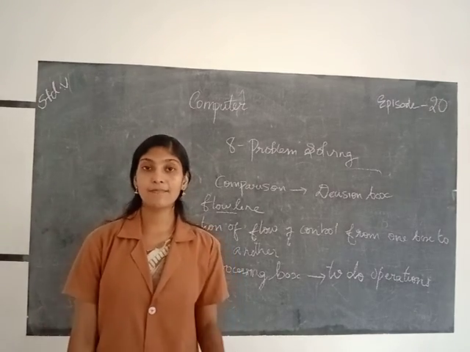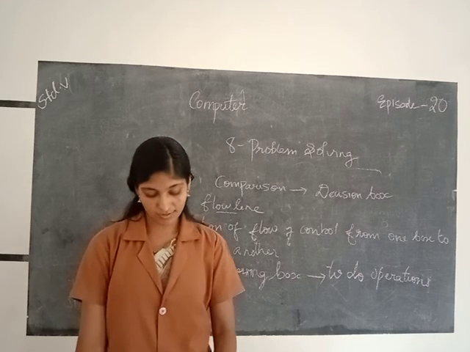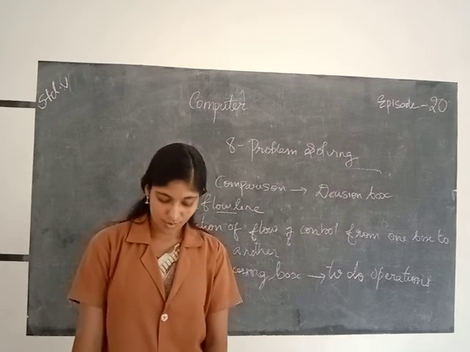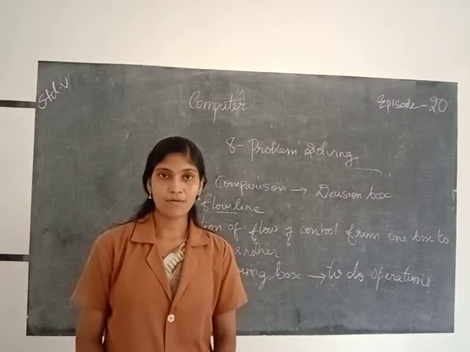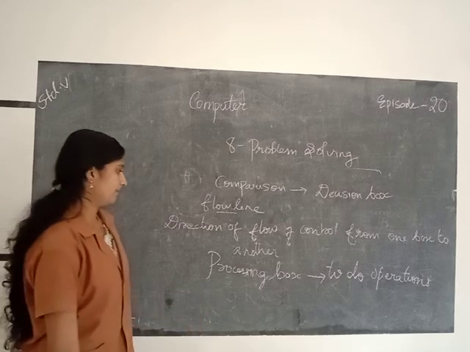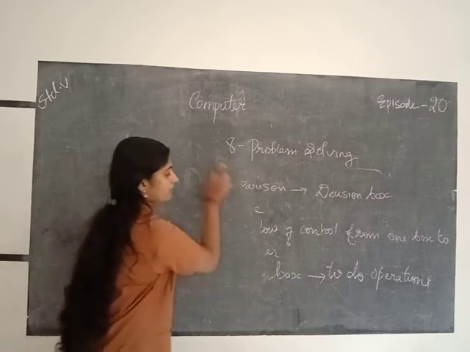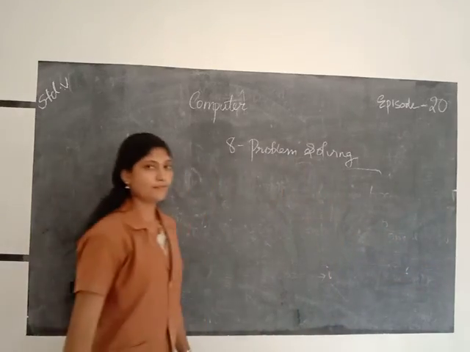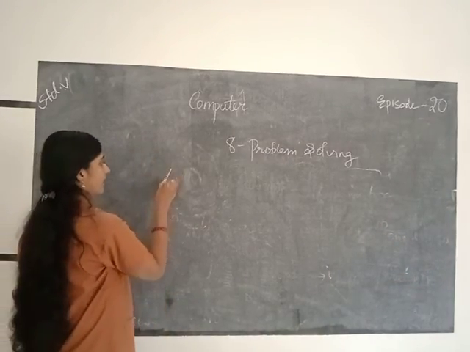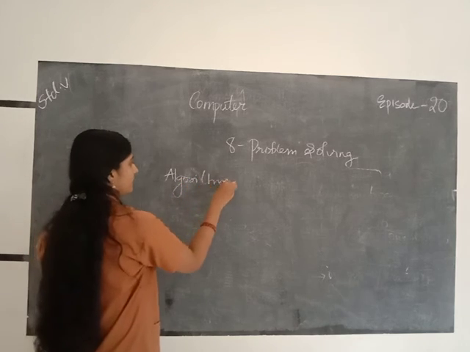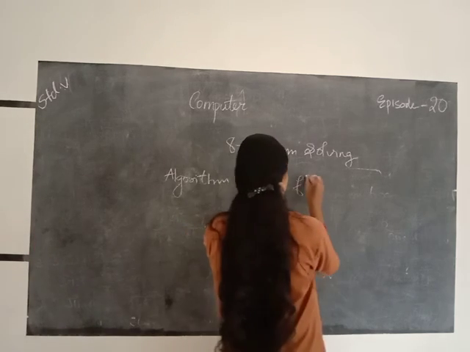Then next, what is an algorithm? An algorithm is the step-by-step technique, the set of instructions in order to solve a problem. So what is the difference between a flowchart and an algorithm? Here in one column is algorithm, and in another column is flowchart.